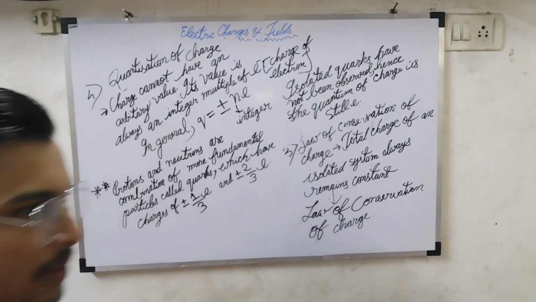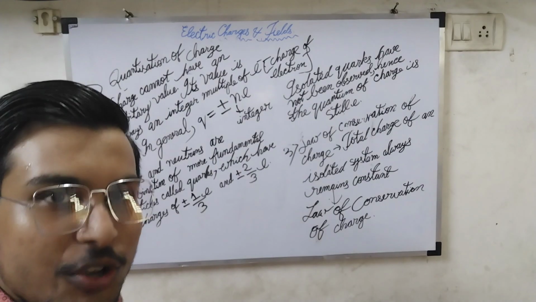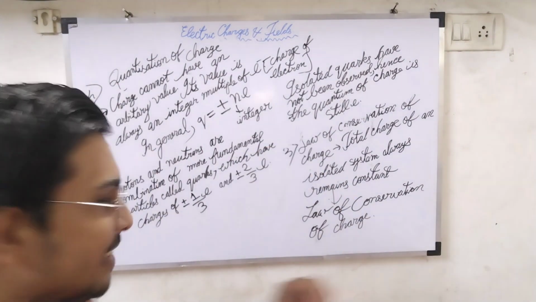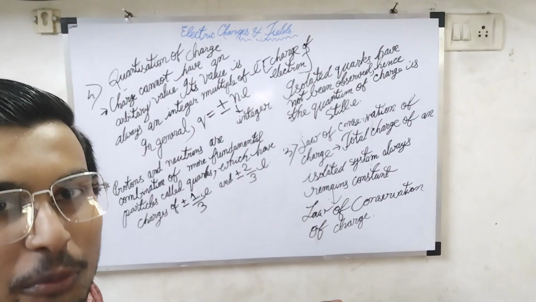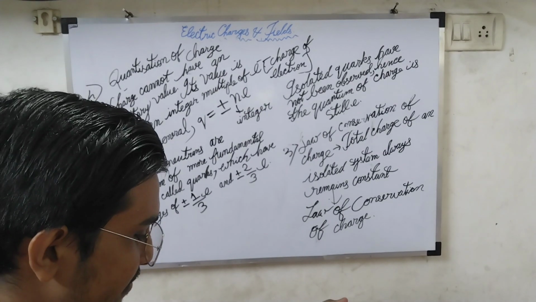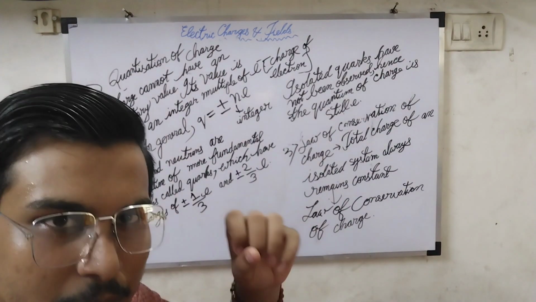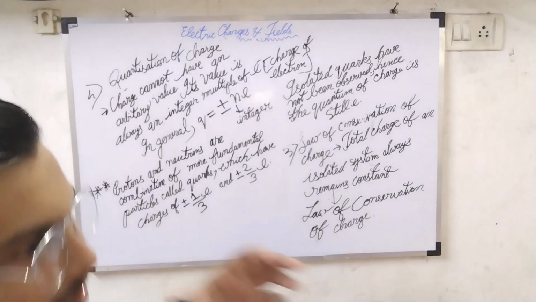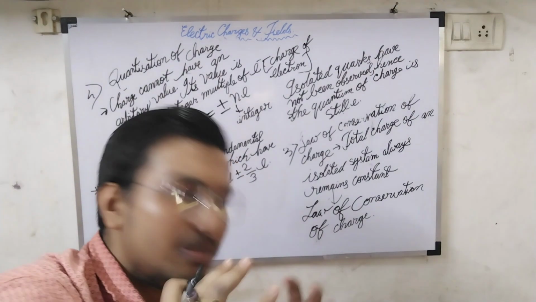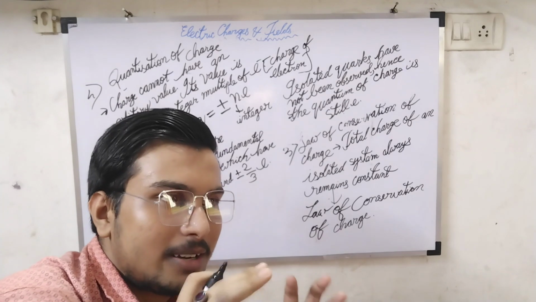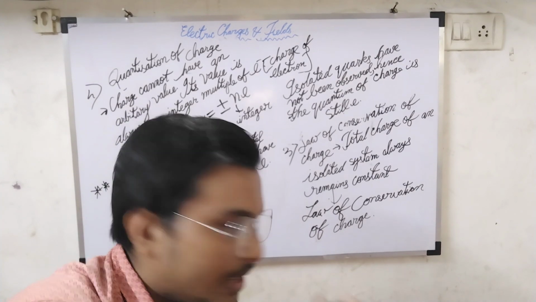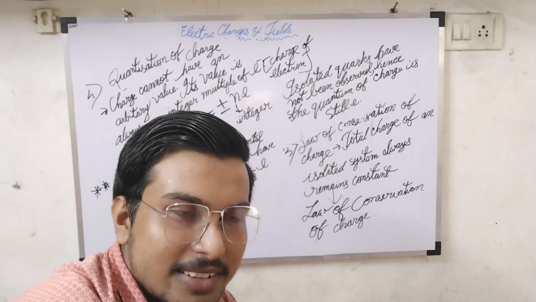Please follow it properly, because if you get cleared with your basics, then it would be easier to complete this chapter, because it mainly deals with the basics. Electric charges and fields is a big chapter, but we can do it in a precise way by dealing with the basics.